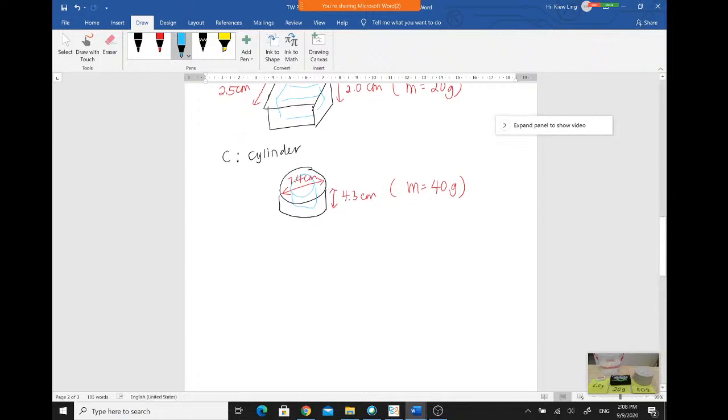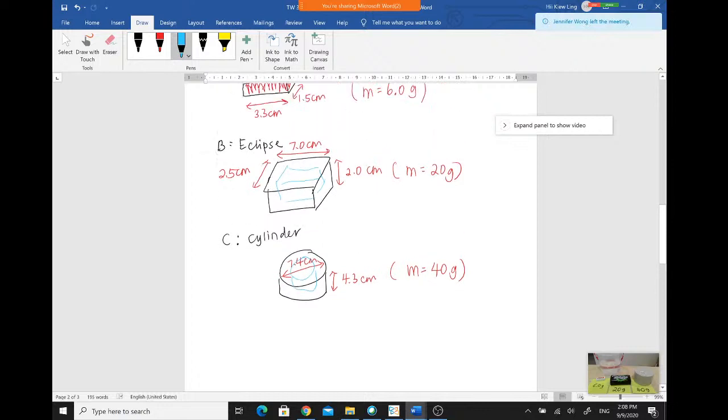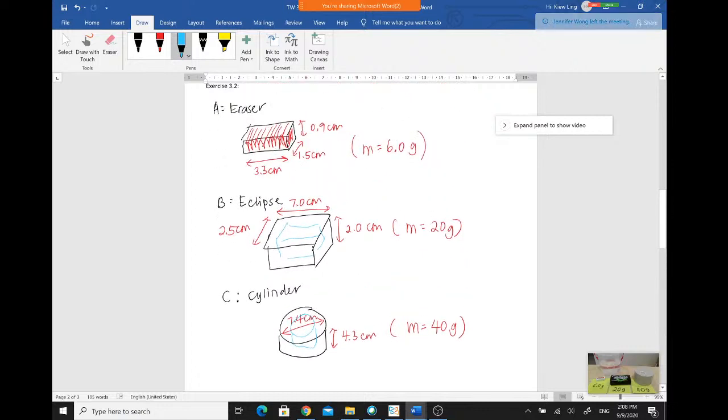So if you look at this one, if you compare the volume of these three, calculate the density. I need your help to calculate the density for the eraser, eclipse, and cylinder.